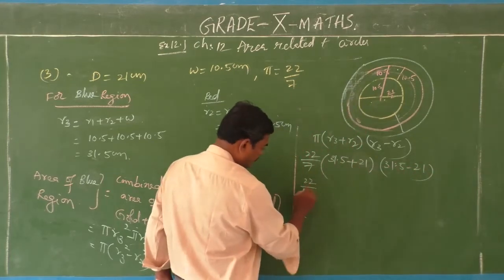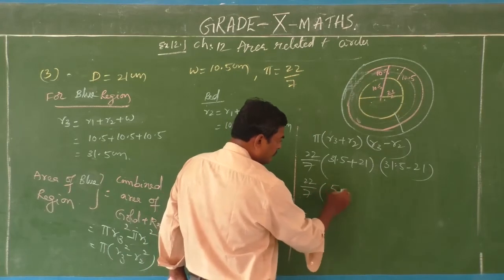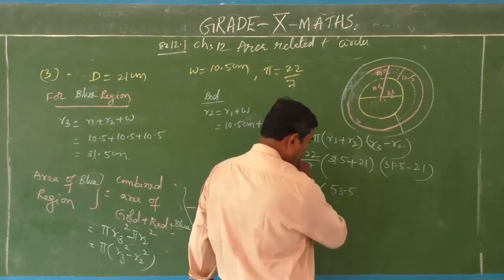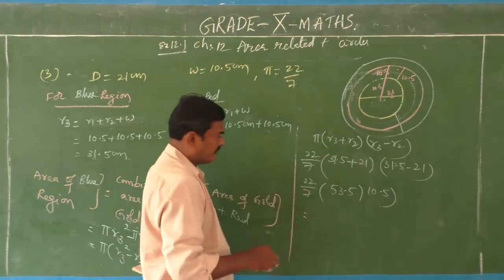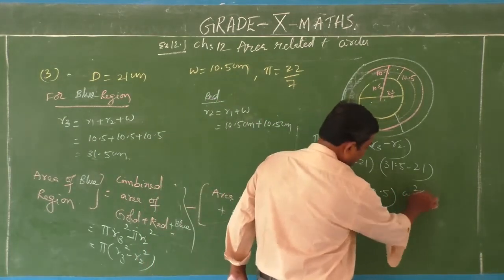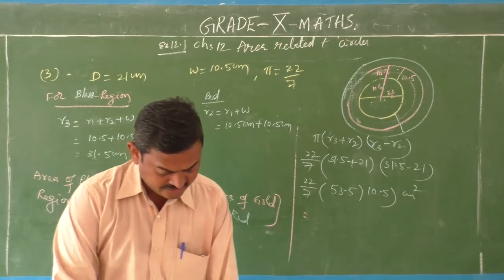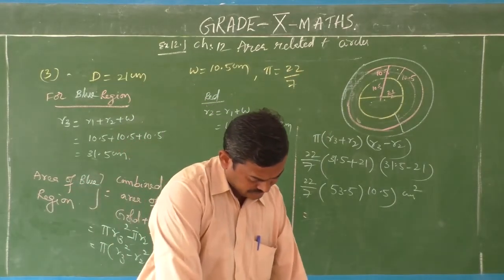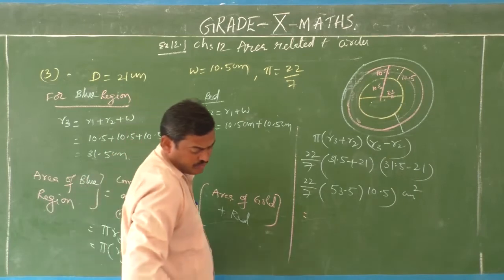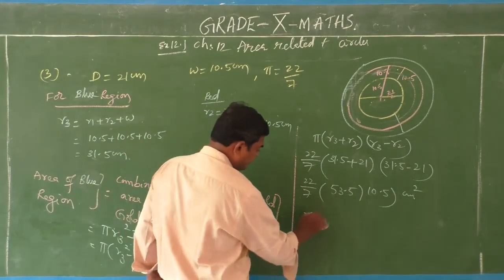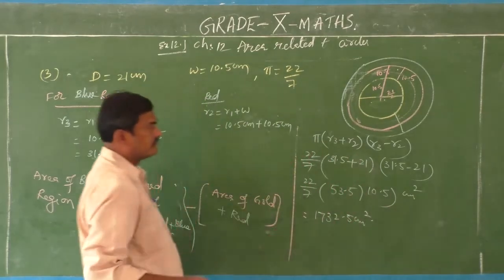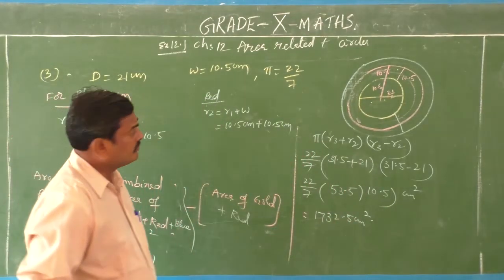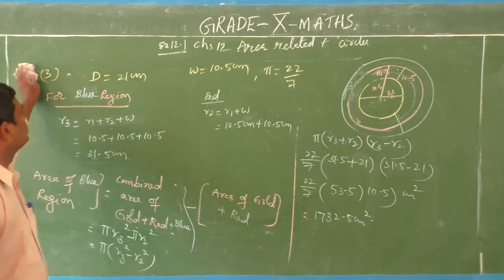Now 22 by 7 into 52.5 into 10.5 centimeter square. If you simplify, we get the answer 1732.5 centimeter square. This is the area of the blue region.